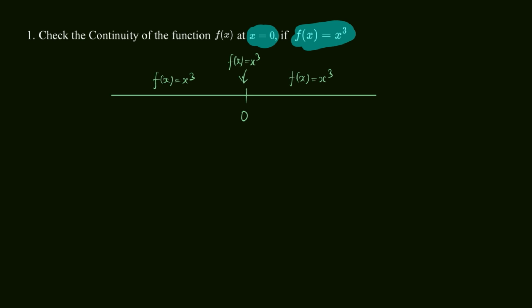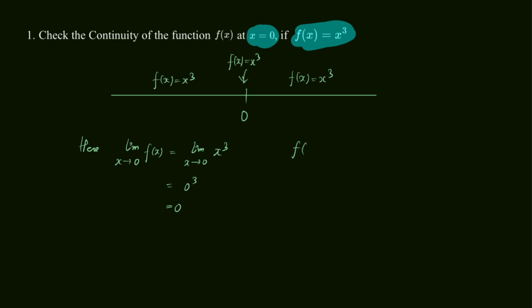So here, limiting value, that is limit x extends to 0 of f(x), will be equal to limit x extends to 0 of x cube. Let us put the value of x as 0, then it will be 0 cube, which is equal to 0. Now the functional value, that is f of a.